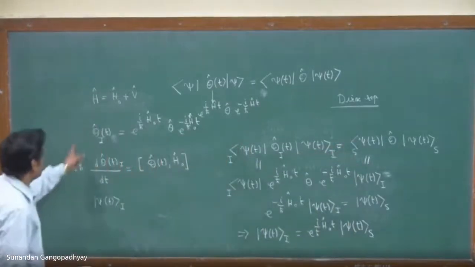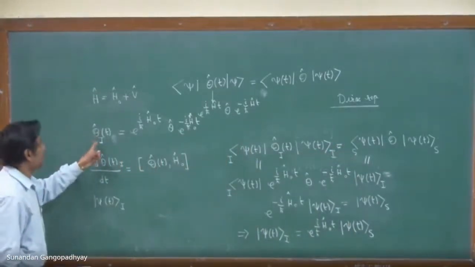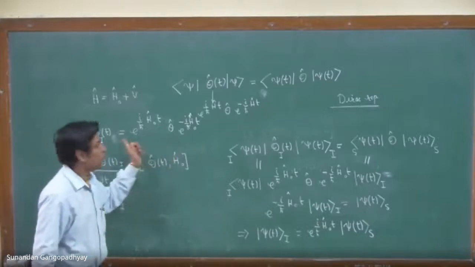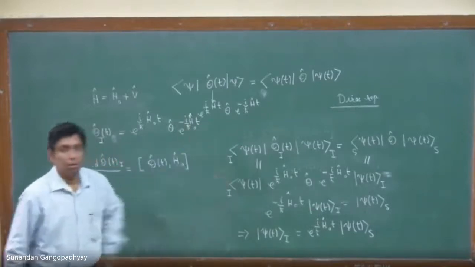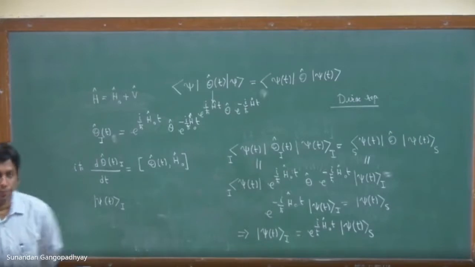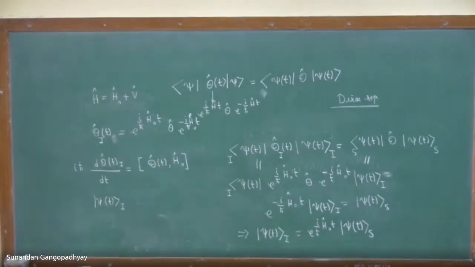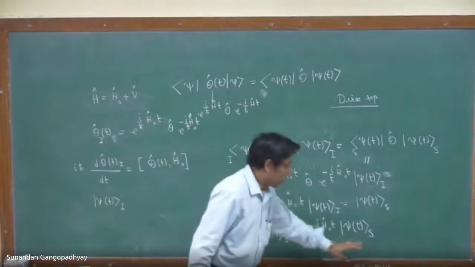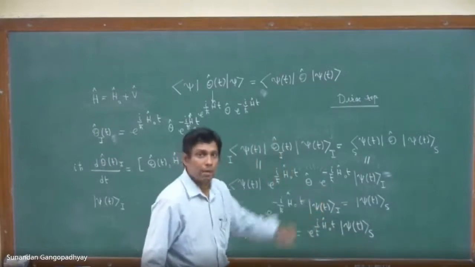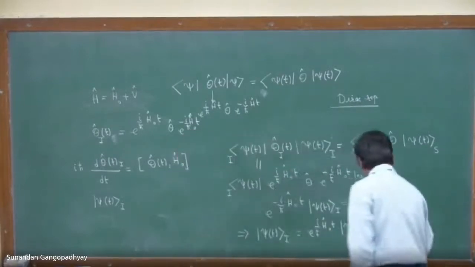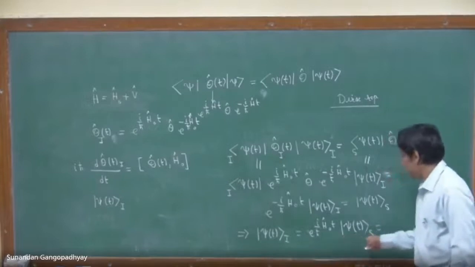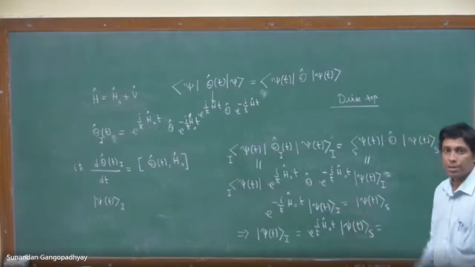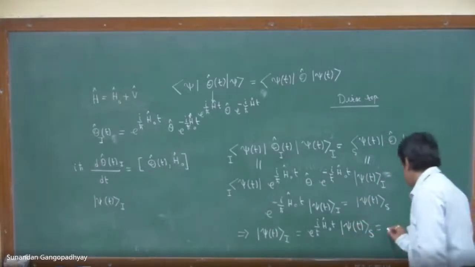Once you define how the interaction picture operator is related to the Schrodinger picture operator in this way, everything follows. And therefore, how is the state gate in the interaction representation related to the state gate in the Heisenberg representation? You just need to apply the result for how the Schrodinger and Heisenberg gates are related, and that is straightforward.